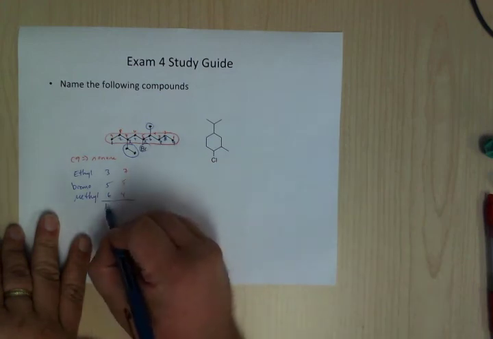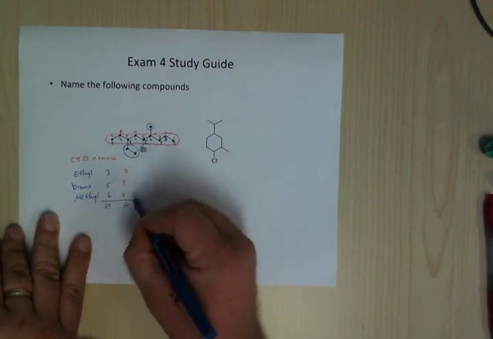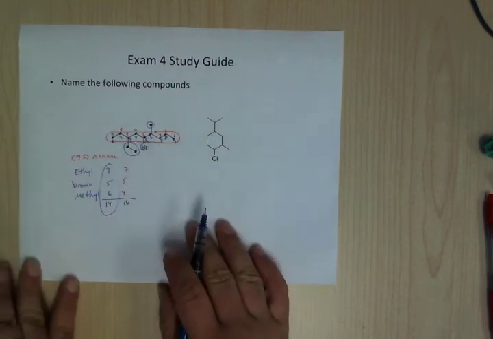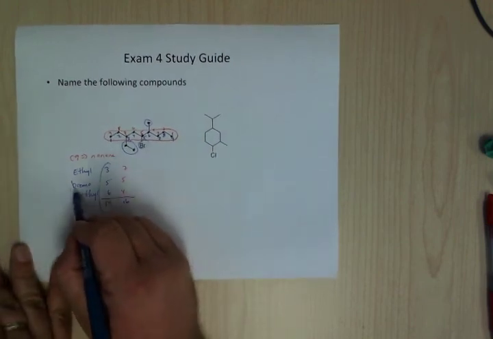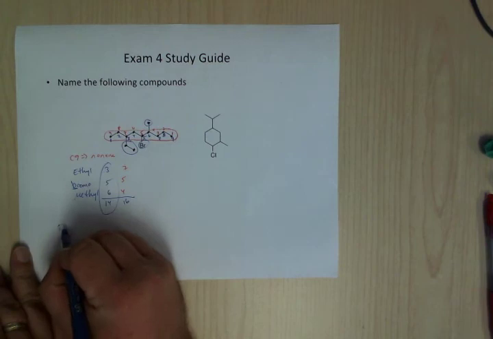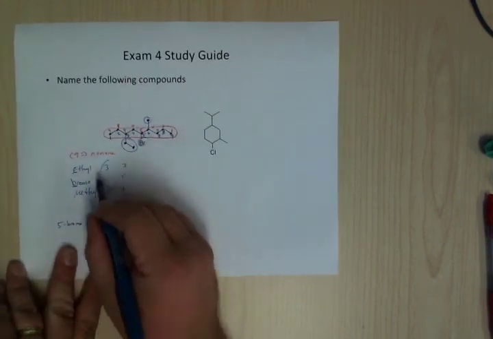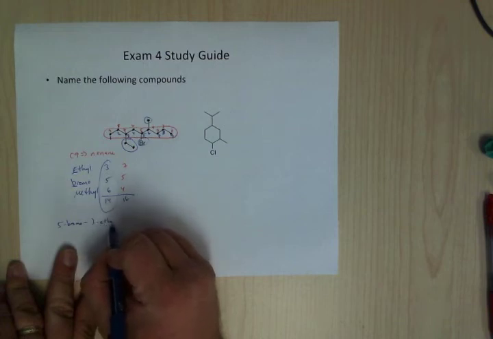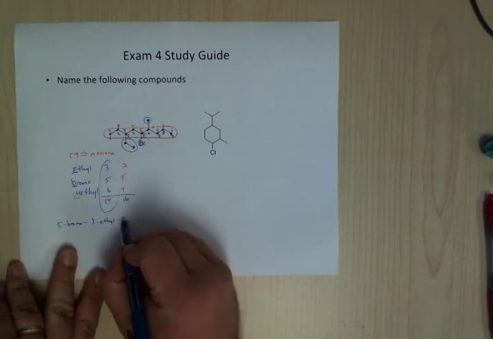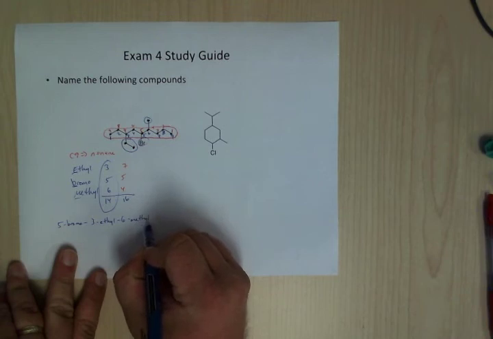That's 9, so it's 14; this is 11, this is 16, so here are the lower numbers. Which comes first? The bromo comes first alphabetically, so it becomes 4-bromo. Ethyl comes next, so that's 3-ethyl. Methyl's last, 6-methyl. Nonane.